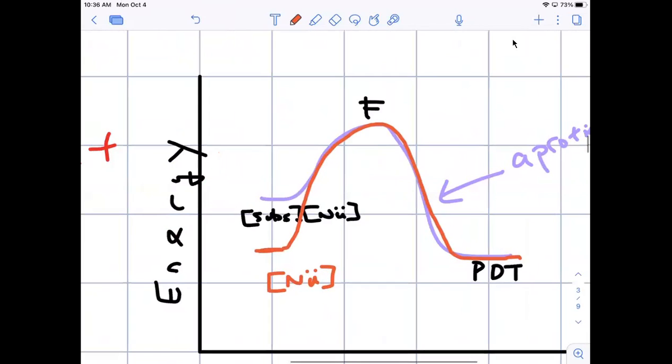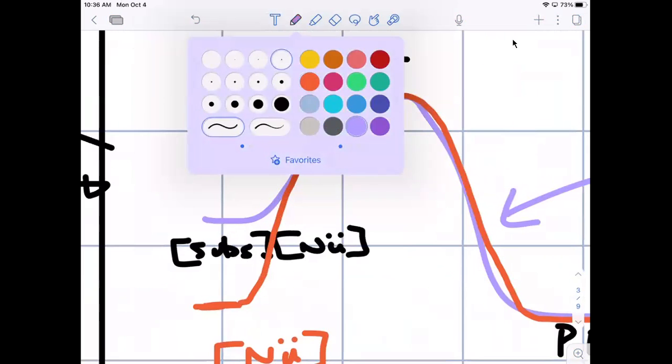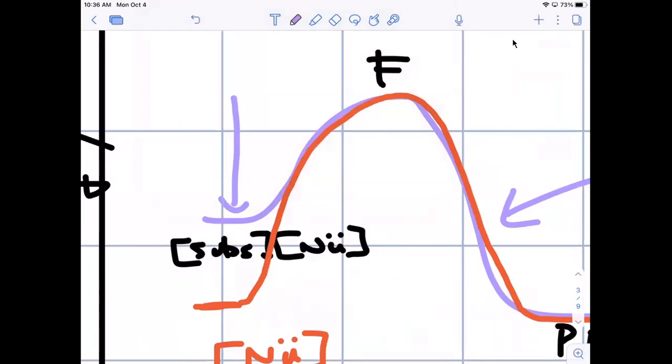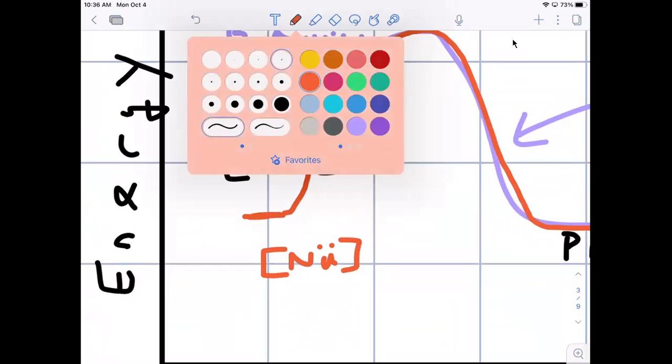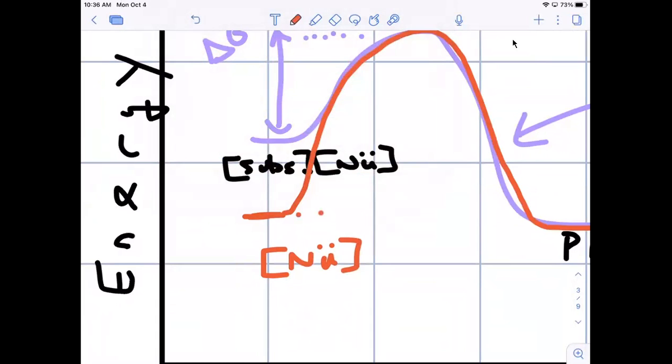If this is the activation energy, will the activation energy be more? Higher, yes. Can you see it? So that gap right there is going to increase the activation energy. So the activation energy in the protic solvent is going to go up because the nucleophile is lower in energy.